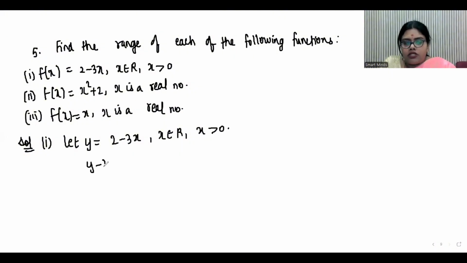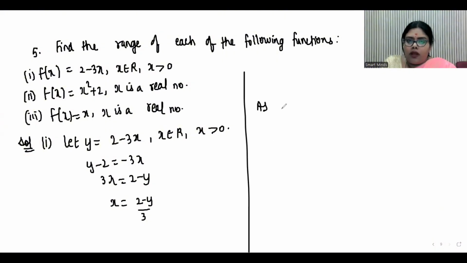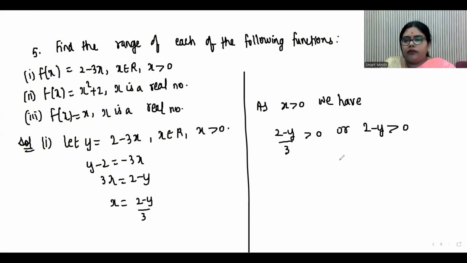Now y minus 2 is minus 3x. So 3x is 2 minus y and x is 2 minus y by 3. So as x is positive, we have 2 minus y by 3 is greater than 0, or 2 minus y is greater than 0.